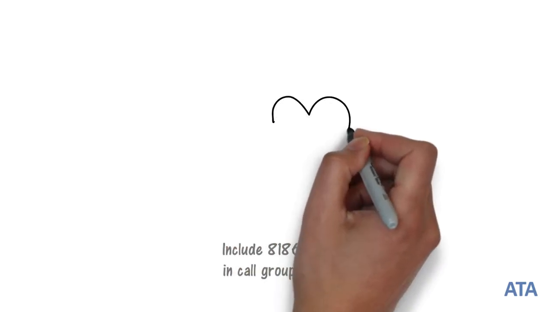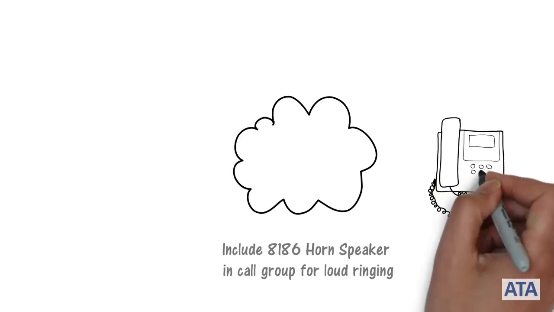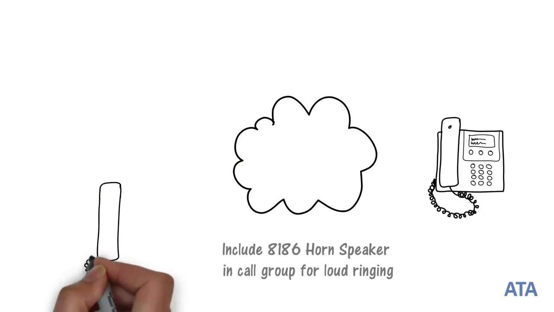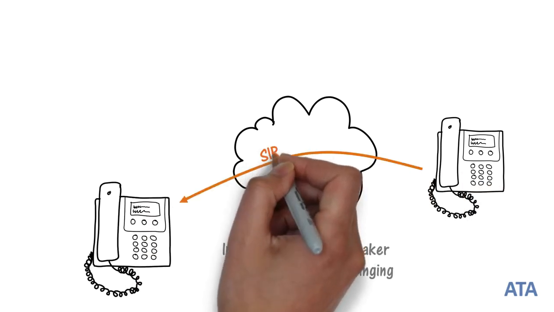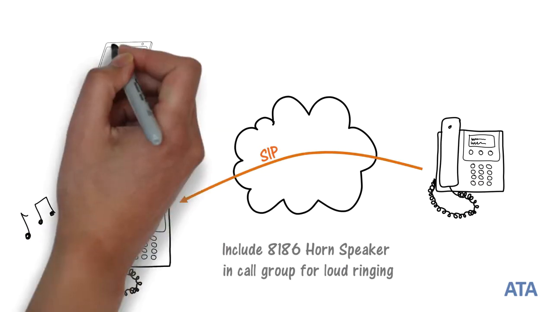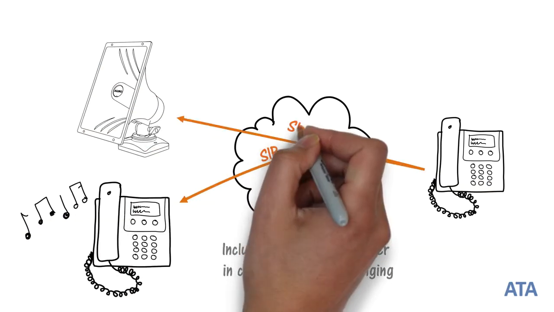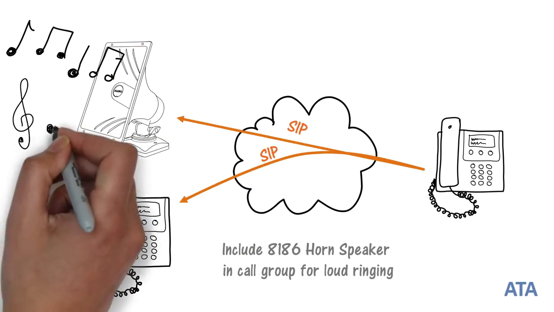One use for this is loud ringing, where a telephone in a noisy area is difficult to hear. This is configured in the 8186 by simply having its ring extension in a call group that includes the telephone. Several WAV files in memory of the 8186 include a warble, a bell, or chime, and all are selectable via the web interface.